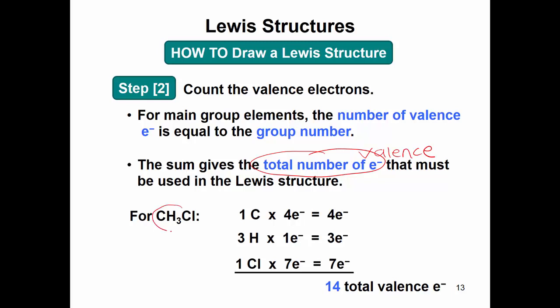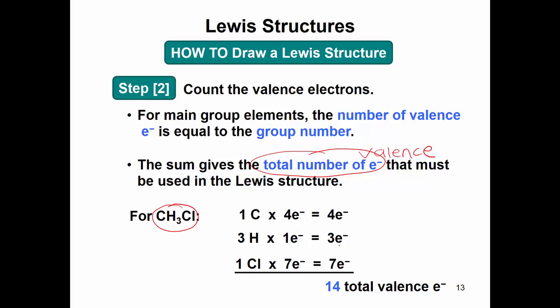So we have another formula here. We have 1 carbon, so 1 carbon times 4 valence electrons, since carbon is in group 4. Here we have 3 hydrogens, and hydrogen is in group 1, so it has 1 valence electron, which gives us 3. And then we have 1 chlorine, in group 7, with 7 valence electrons.